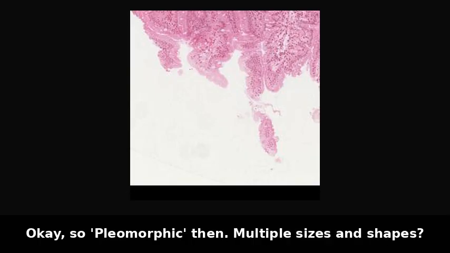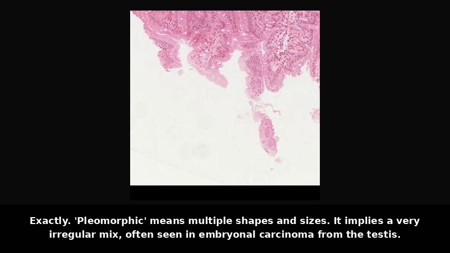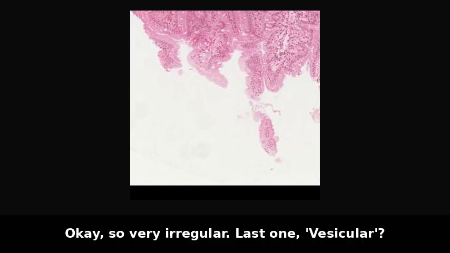Okay, so pleomorphic then, multiple sizes and shapes. Exactly. Pleomorphic means multiple shapes and sizes. It implies a very irregular mix, often seen in embryonal carcinoma from the testis. Okay, so very irregular.